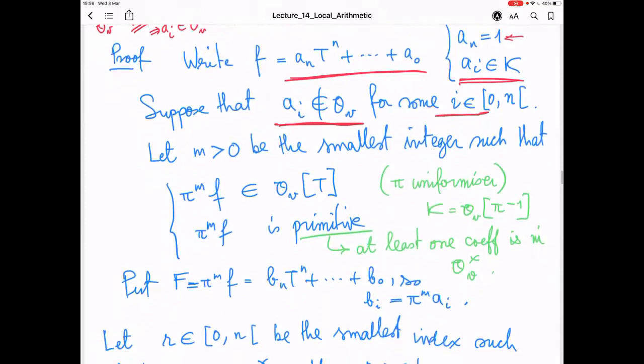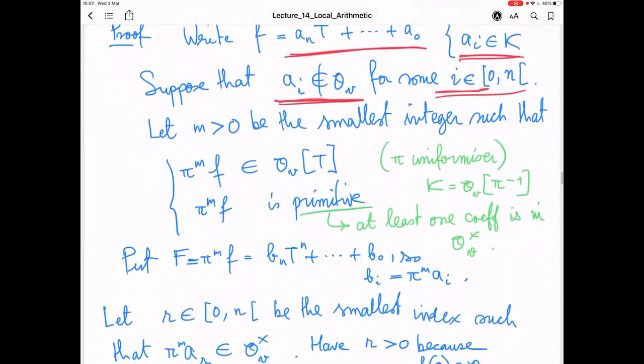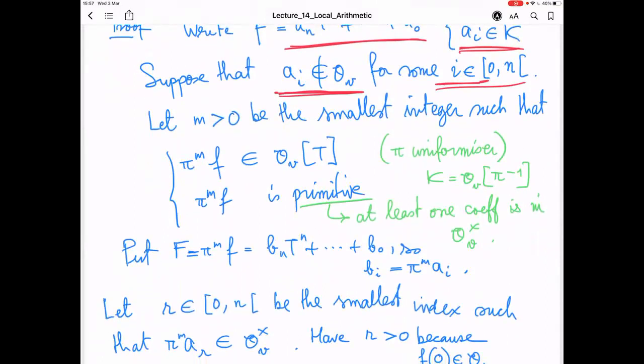For the sake of getting a contradiction, let me assume that one of the AIs is not in OV, for some I which is between 0 and n. Although the coefficients AIs may not be in OV, some pi to the appropriate m times AI are all in OV, of course, right?